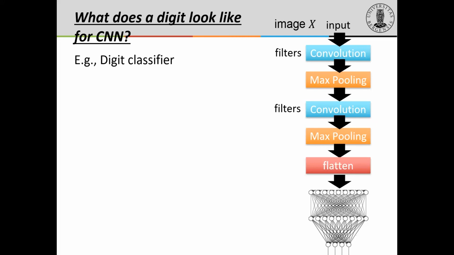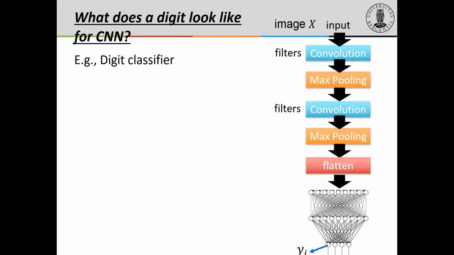So when we figure out what the filter pattern looks like, we come to another question, the final question: what does a digit look like for a CNN? We still use the MNIST dataset as the example. We want to know what type of digit picture makes the CNN think it's 1, 2, 3, 4 or something. So we can follow a similar algorithm.